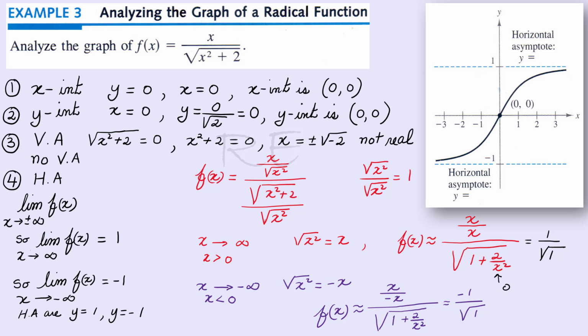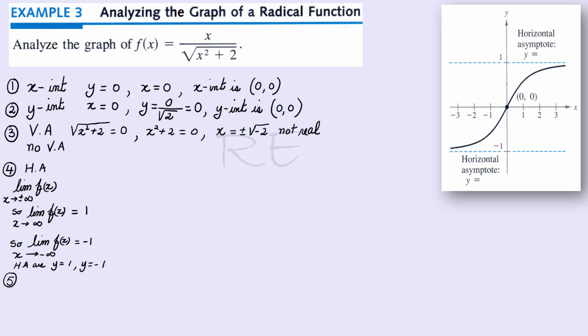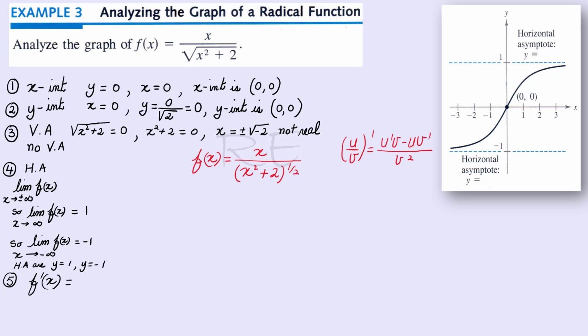Conclusion: the horizontal asymptotes are y equal to 1 and y equal to negative 1. Now we're going to look at the derivative, and we're going to write f of x with fractional exponent. So it's going to be x over (x squared plus 2) to the 1/2. Quotient rule.